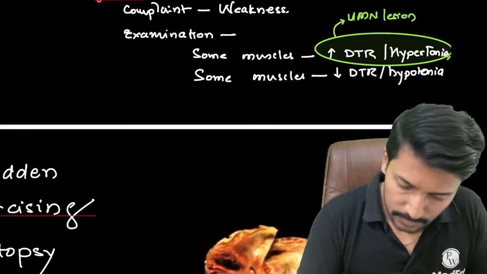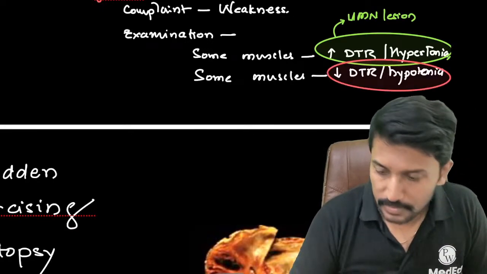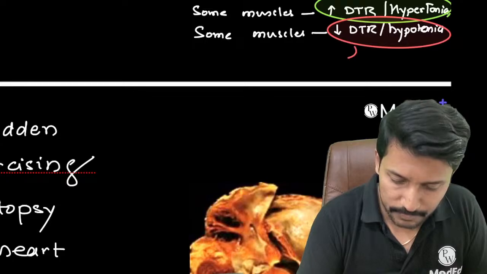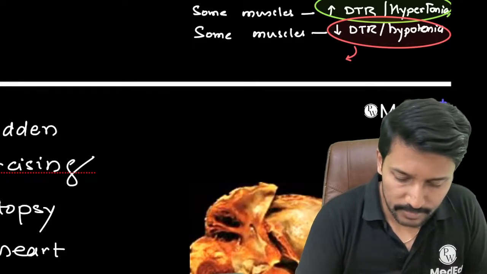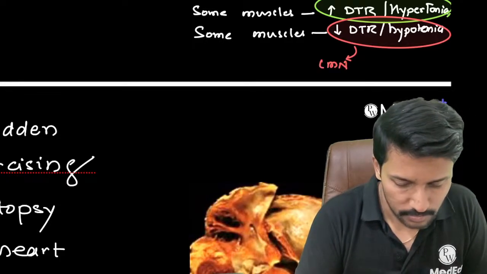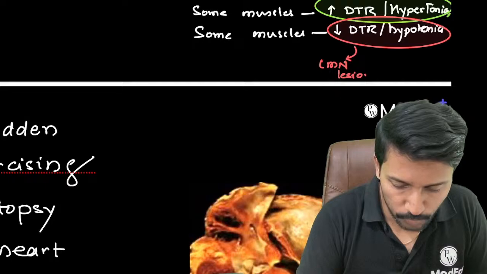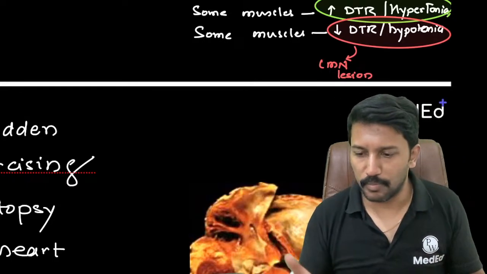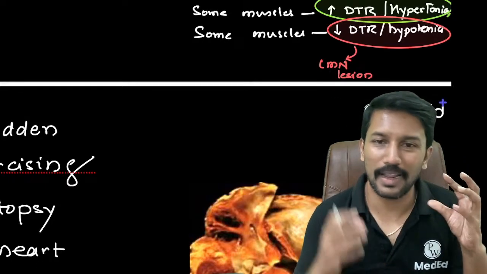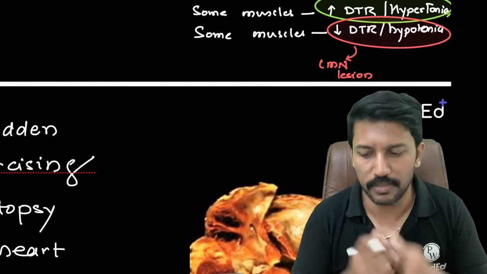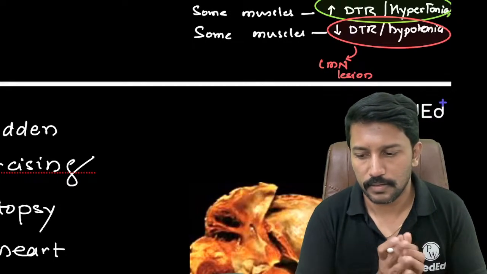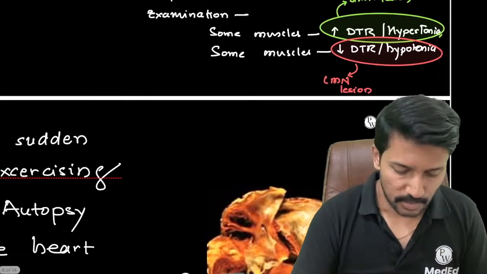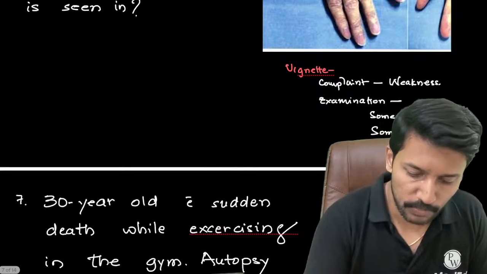And when there are decreased deep tendon reflexes and hypotonia, what does that indicate? It indicates that there is lower motor neuron damage or a lower motor neuron lesion. So now tell me, in what disorder do you get upper and lower motor neuron damage together? See, I'll tell you what upper and lower motor neurons are for those who are not familiar.